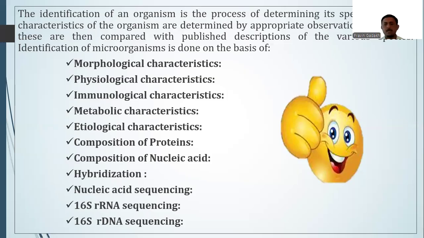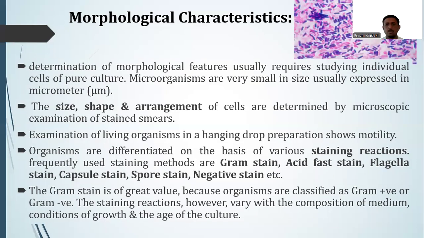We also look at the composition of nucleic acid, what type of nucleic acid it contains, hybridization methods, and nucleic acid sequencing, such as ribosomal RNA sequencing. By these methods, we can conclude whether the organism belongs to a particular group, is already reported, or has reached the species level.